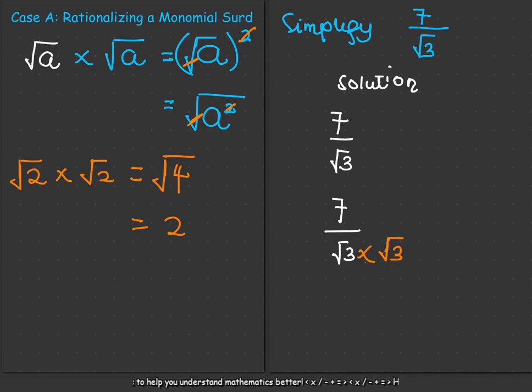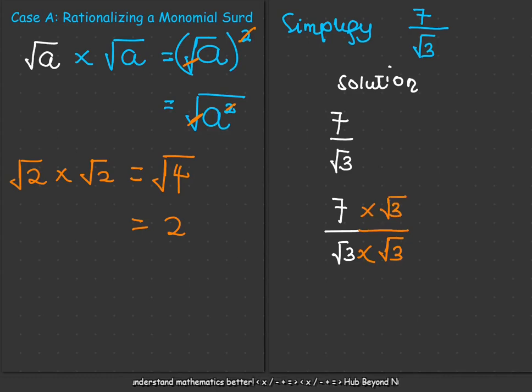We have said that if you multiply a surd by itself or by its conjugate, it becomes a rational. And that is what we are doing here. Now, as we have done that for the denominator, we have to do the same for the numerator so that the value of the fraction does not change. So times root 3.